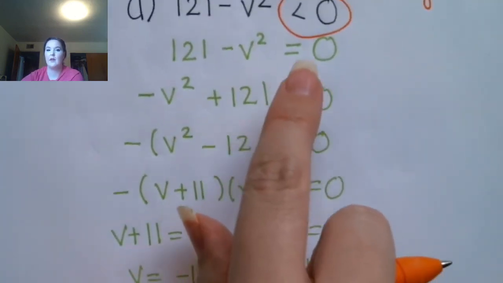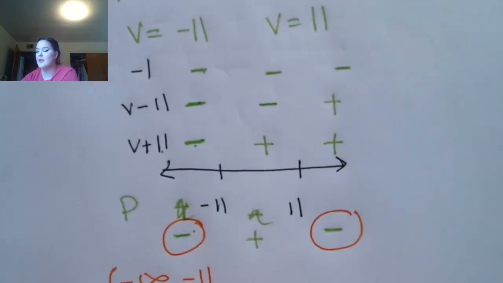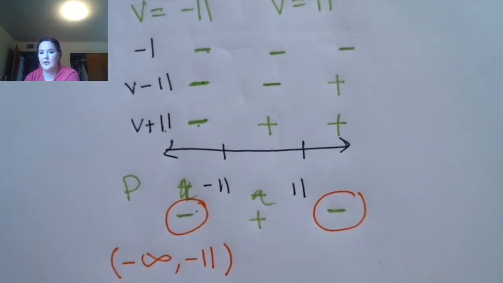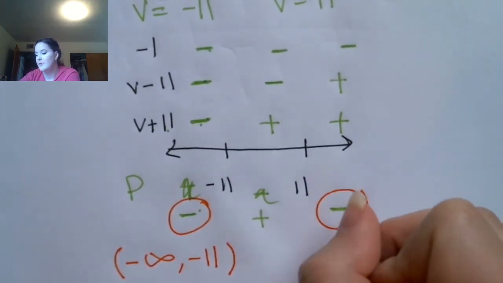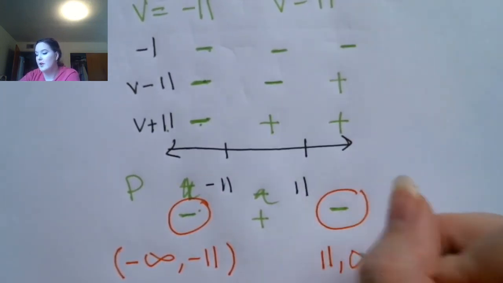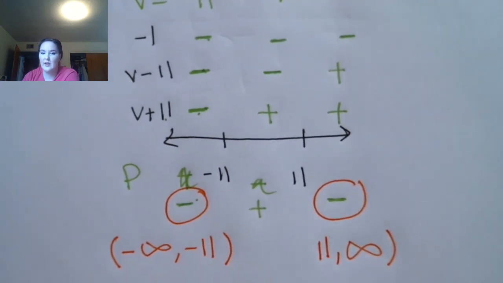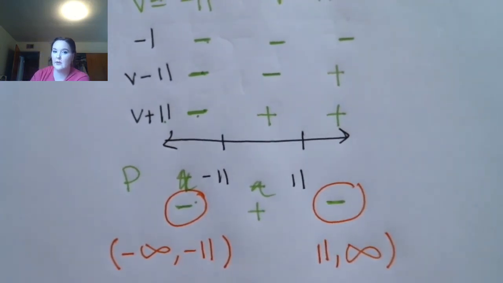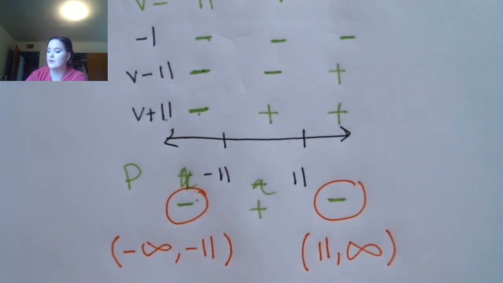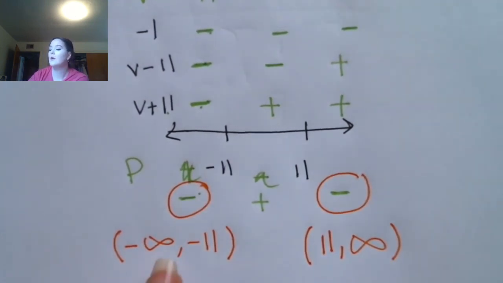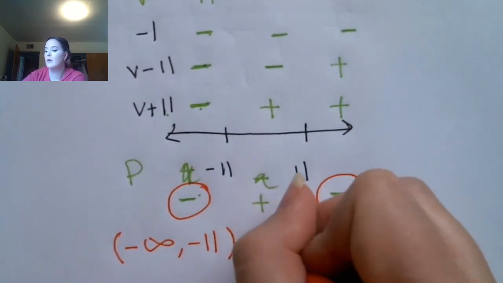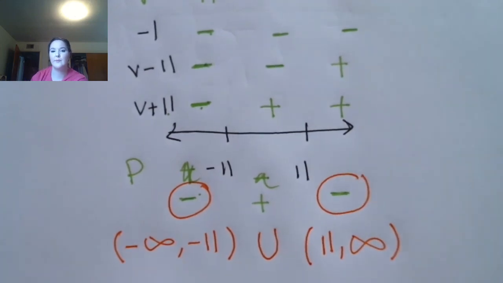Okay, you can see this is just less than, so we're going to use parentheses. Okay, 11 to infinity, always use parentheses, and because it's less than rather than less than or equal to, we're going to use parentheses. Okay, we have 2 intervals, combine them with the union.